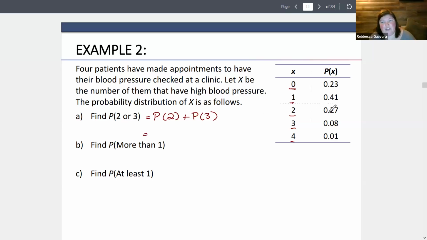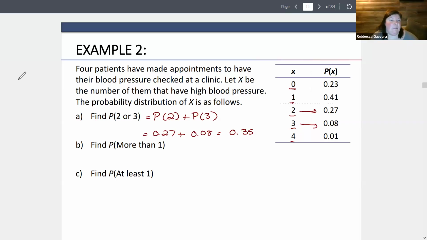The probability that 2 have high blood pressure is 0.27. The probability that 3 have it is 0.08. So there's a 35% chance that on a random day, if my 4 patients come in, 2 or 3 of them have high blood pressure.